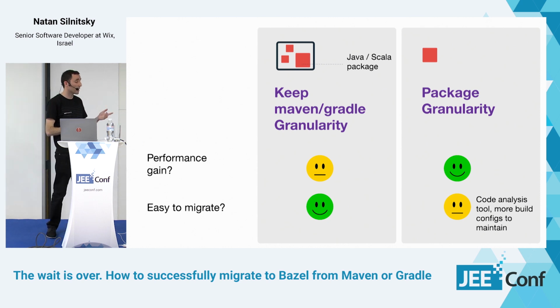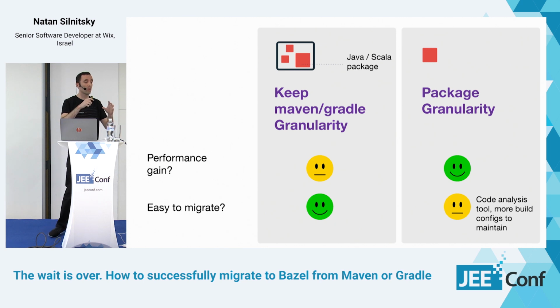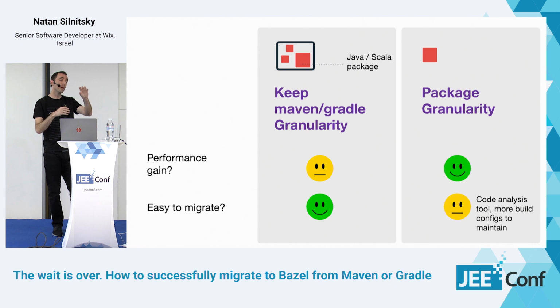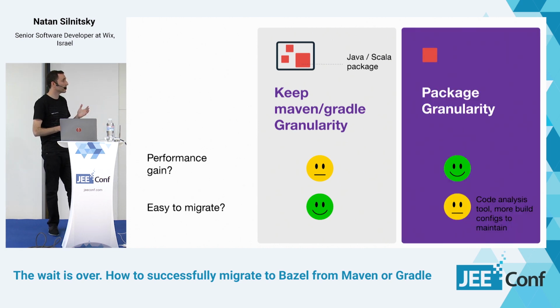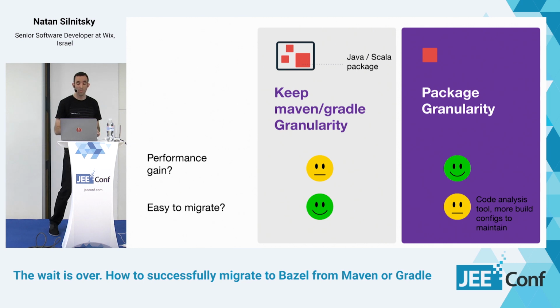Bazel does not allow cyclic dependencies, so you have to change your dependency from package level to a bigger scope. And so with Wix, we decided to go for the performance gains and do package granularity.